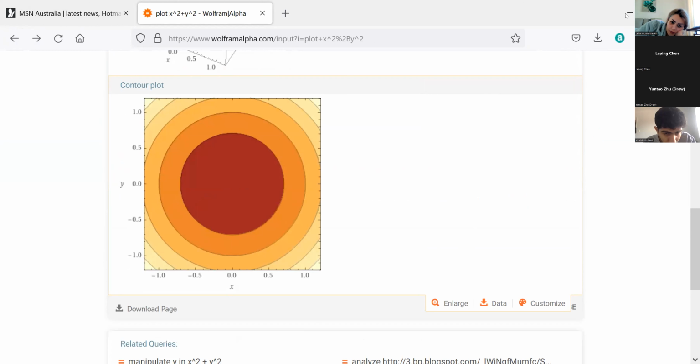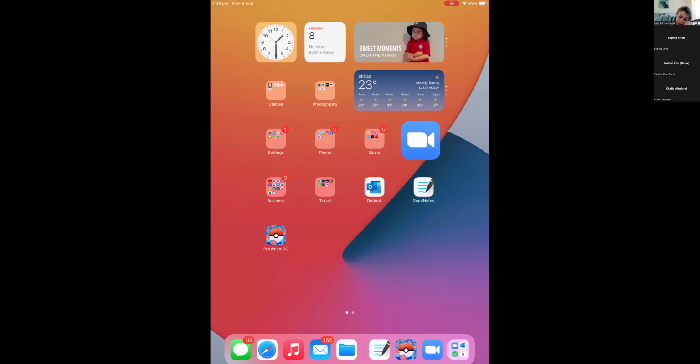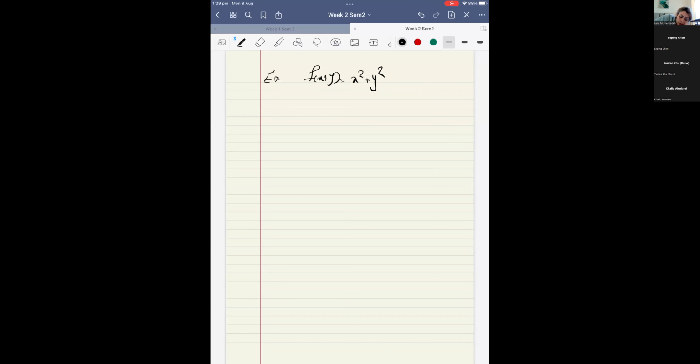Okay, now back here. Now we want to write another topic, another way of visualizing functions. It means contour plot.